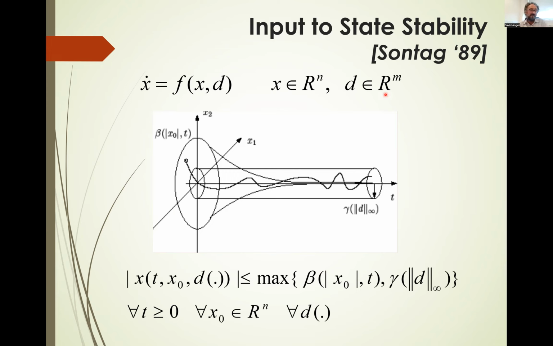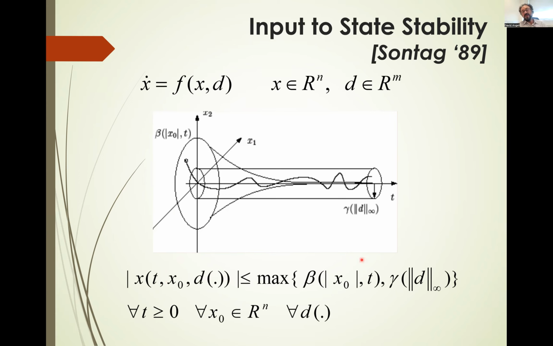Disturbances are also in general in a set of Euclidean space, and the equations are x dot equals f(x, p), which describe your system, and the stability property demands an inequality of the following type. For all solutions, essentially, we can bound the norm of the solution with the maximum of two terms.